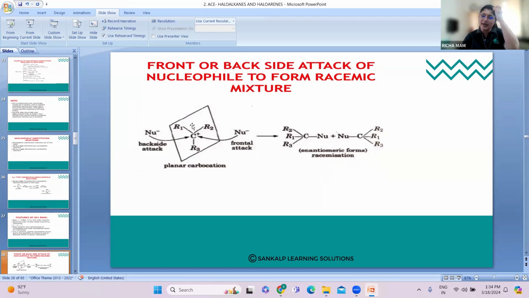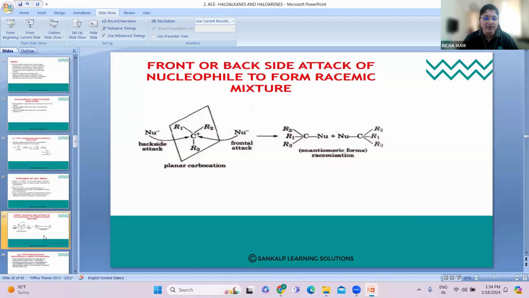If it attacks from the back side, then it is called inversion of configuration. So when 50% inversion plus 50% retention is there, then it is called racemization. This is from the stereochemical aspect, which we are going to study today.